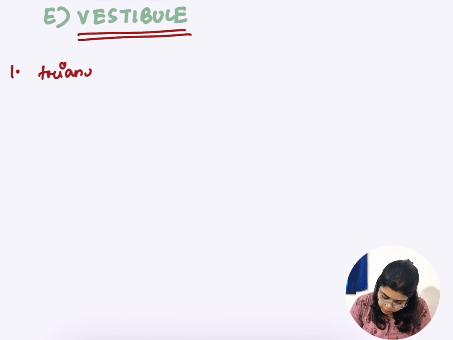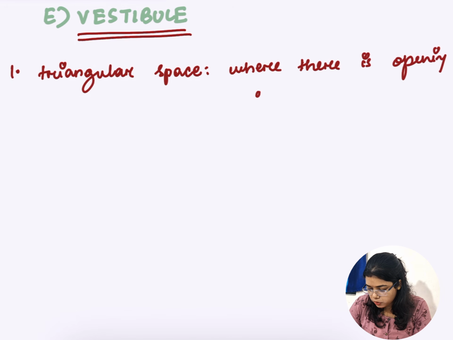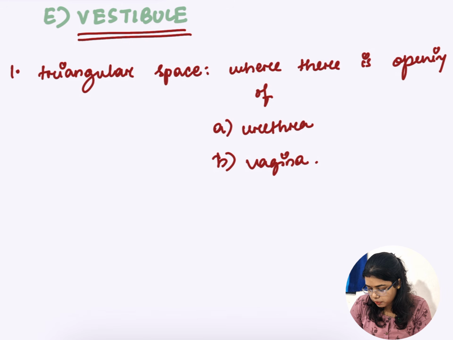So it is a triangular space where there is the opening of one, urethra, and second, vagina, okay.